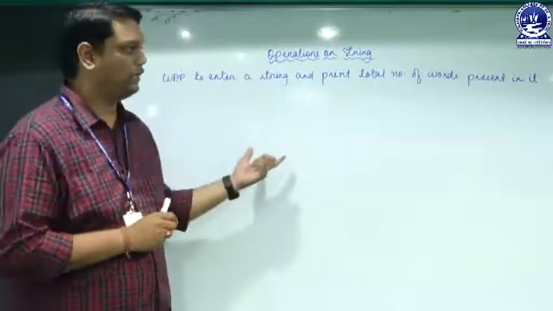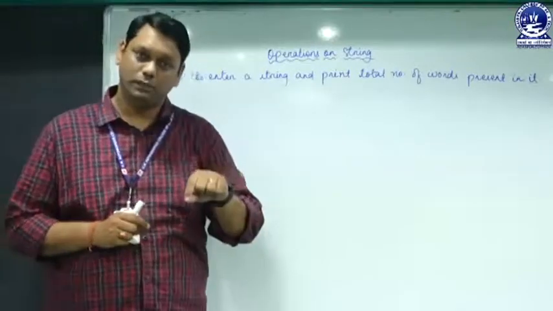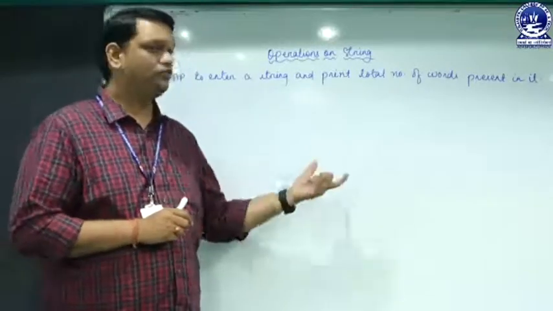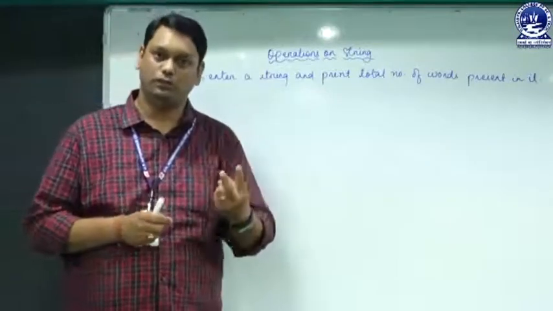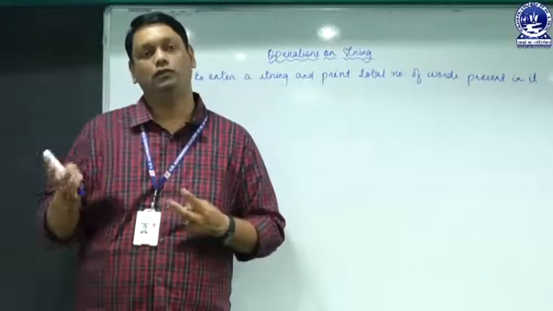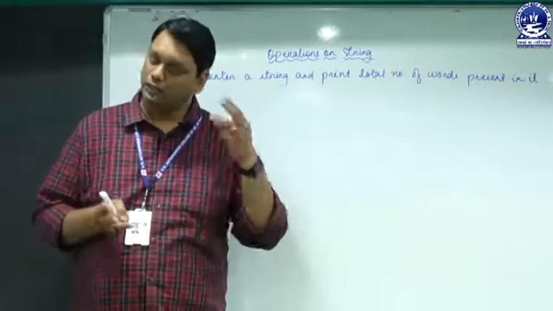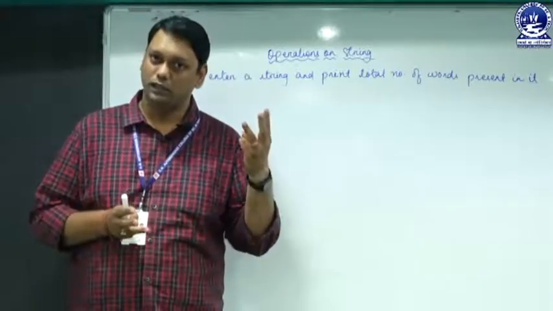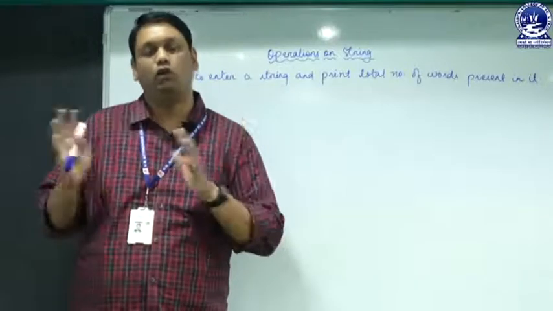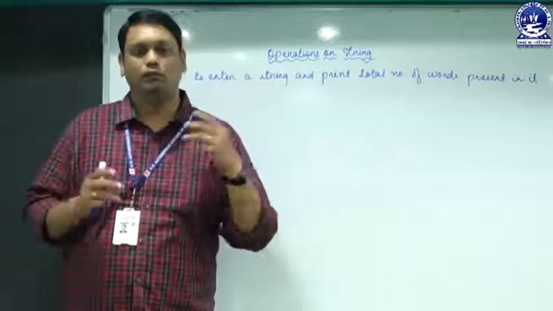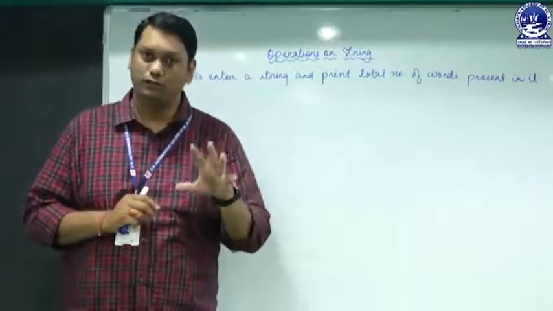So in this program we will calculate the number of spaces and the number of words will be 1 more than that. If we find 2 spaces, then the number of words is 3.